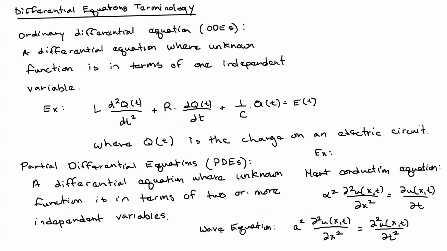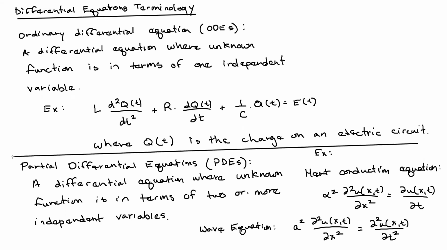Okay, so just to compare these two when they're sitting side by side, the difference is that in one case we have one independent variable, and in the other case we have two. You notice we have t inside the function for q, here, here, and here. So there's just a single independent variable. Meanwhile, if you look at the functions here, they have x and t.